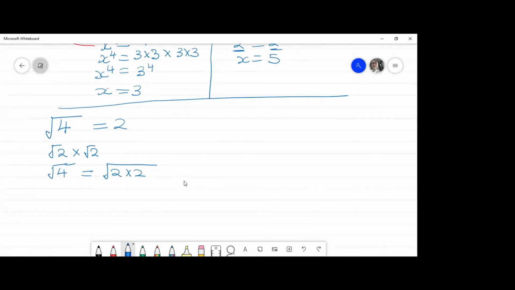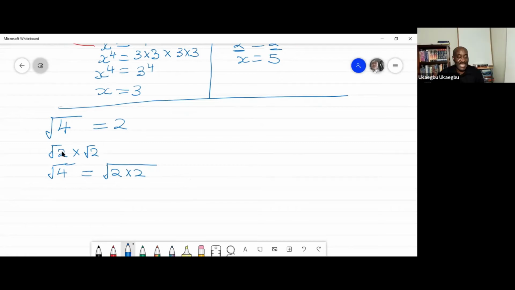If you put it as square root of 2 times 2, you can do that. But you couldn't do it the way you wrote it before. That's why I said no. But yes, I understand. So now you can write it in both ways. This one is correct, this is also correct. So both of them are two ways of writing square root of 4.